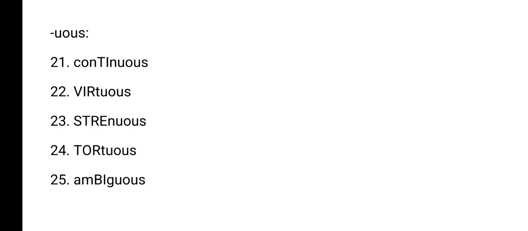This strenuous now has only 3 syllables, and it ends in U-O-U-S. As far as it ends in U-O-U-S, the stress must be on the second to last. And what's the second to last syllable in strenuous? Stren. What is the first syllable? Stre. So that is just it. Strenuous, tenuous, ambiguous.